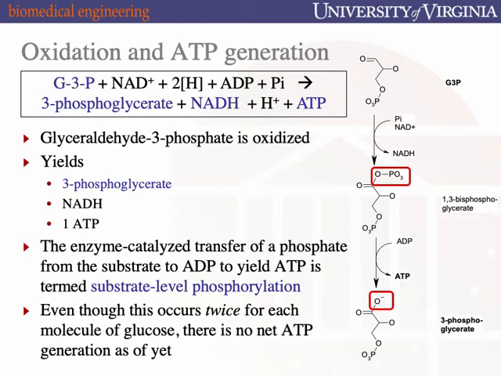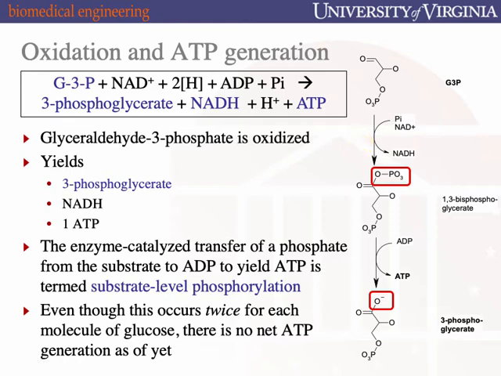But we're only going to show one. Glyceraldehyde 3-phosphate is now oxidized by an enzyme that should not surprise you, is called glyceraldehyde 3-phosphate dehydrogenase, or GAPDH. GAPDH dehydrogenates glyceraldehyde 3-phosphate. And where do those electrons go?